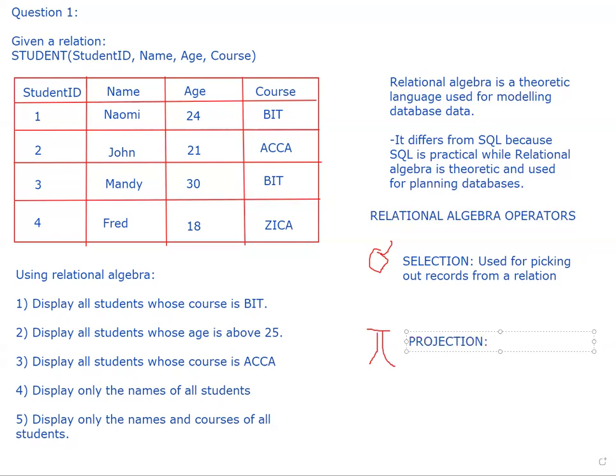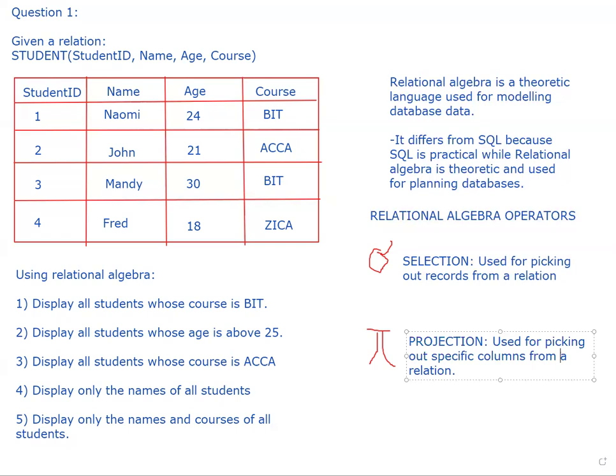The projection symbol is used for picking out specific columns from a relation. So projection is basically used for that particular purpose. So these are the operators that we have in relational algebra.